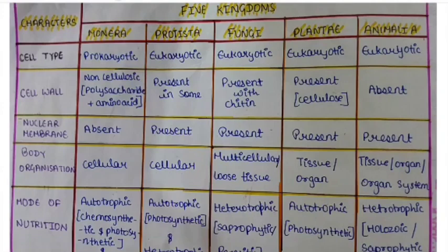Now let's talk about a few of the characteristics of all the five kingdoms, which are monera, protista, fungi, plantae and animalia. The first one is cell type. In case of monera, all are prokaryotic. Rest of all the kingdoms are eukaryotic.